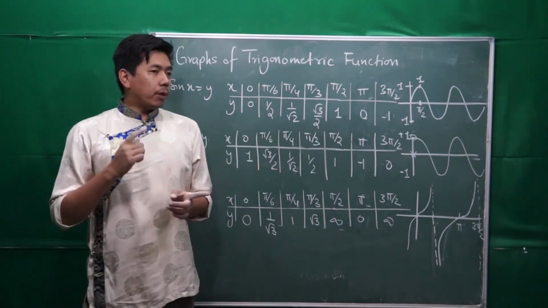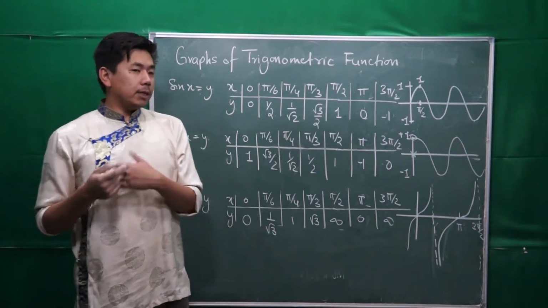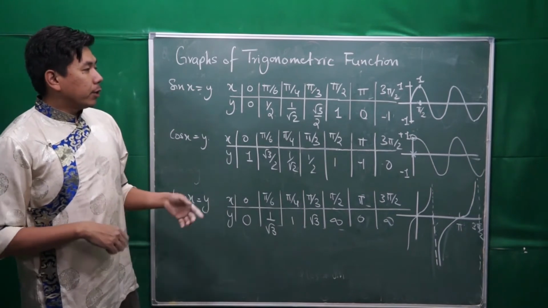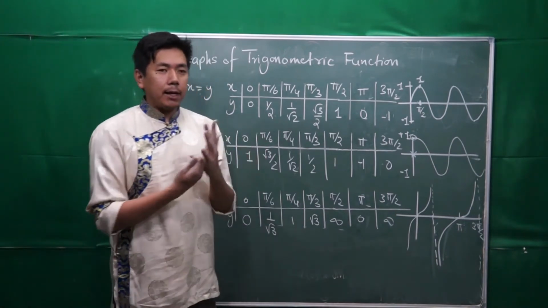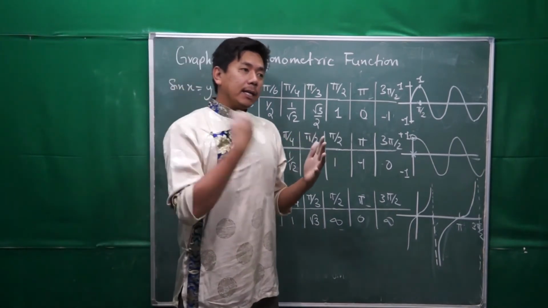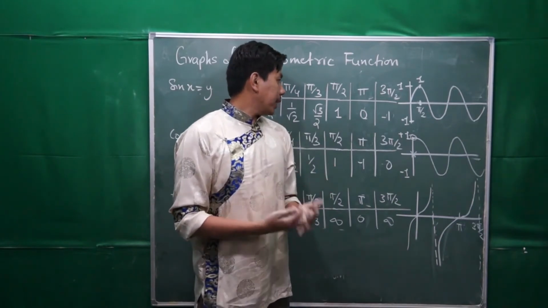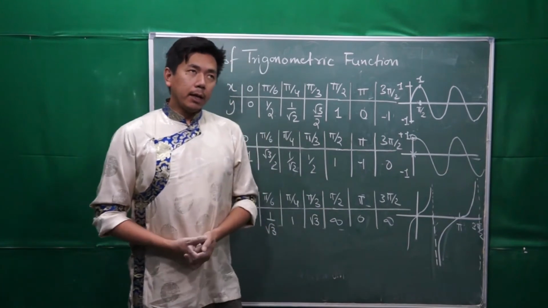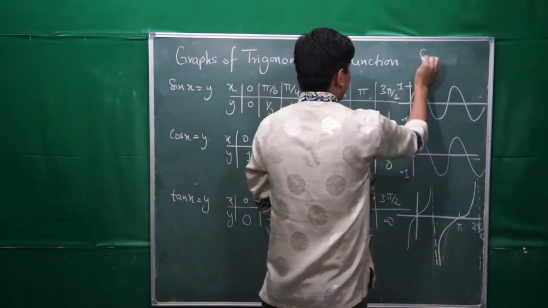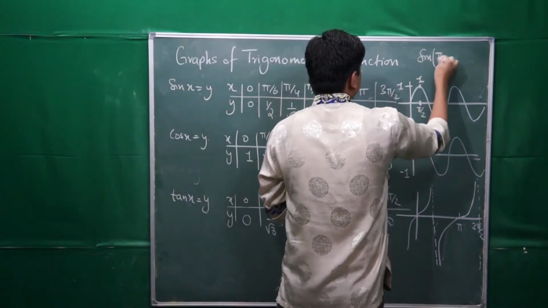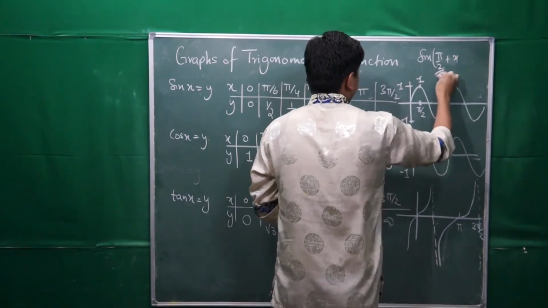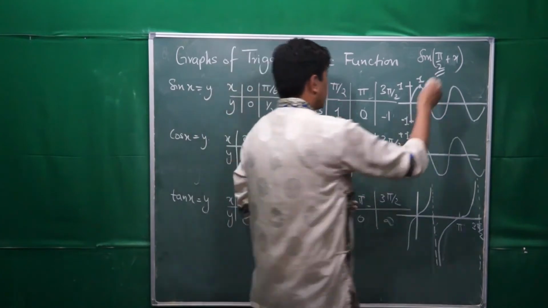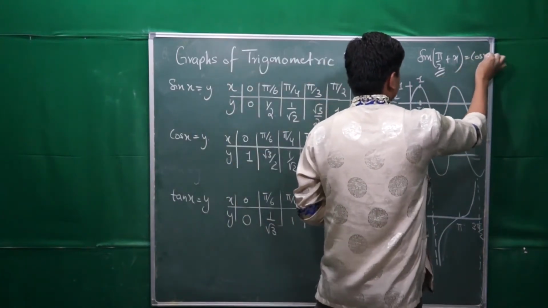Now, the reason why it becomes cos is that we are adding up the lag, or we are decreasing the lag. And how much is the lag? The lag is pi by 2. So if I add the lag to the angle, pi by 2 plus x, if I'm adding the angle 90 degree, which is the lag, this becomes cos x.